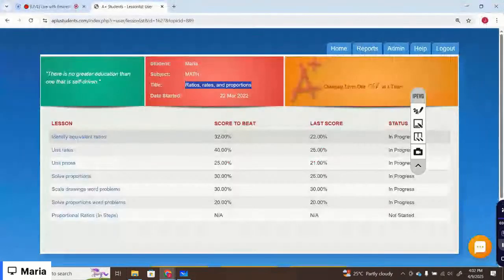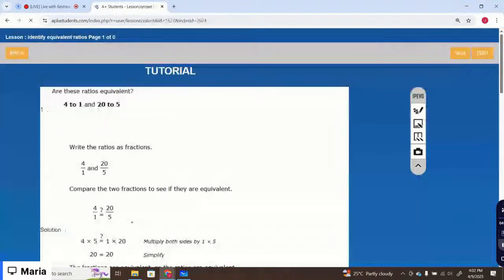Right now, the chapter we're on is ratios, rates, and proportions, with the first lesson, identify equivalent ratios. Are these ratios equivalent, 4 to 1 and 20 to 5?